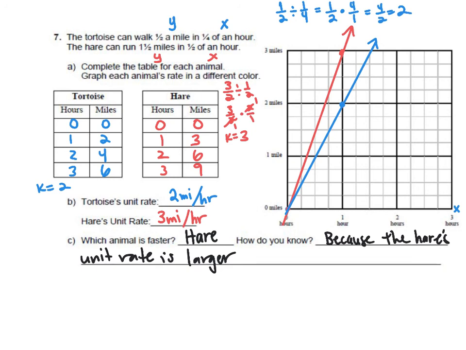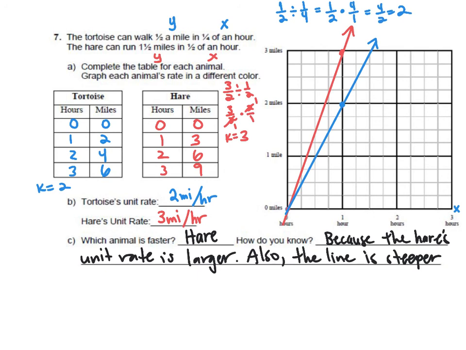Okay. Another thing that you can look at also, the line is steeper. Okay. What does that mean? It means that it is increasing at a larger, like a faster rate. Okay. Does that make sense? That is going to really be important later when we're covering slope.